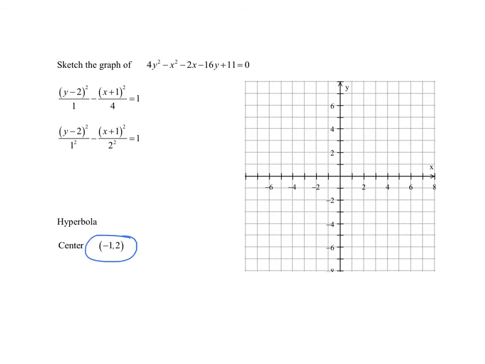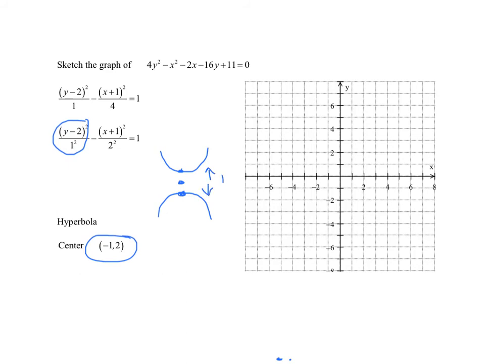And remember what we talked about before is since the y squared term here is the positive one, this is a hyperbola that's going to open up and down. So we're going to graph the center at negative 1, 2. And to get these 2 points on the hyperbola, the vertices, we're going to have to go up and down 1 unit from the center.